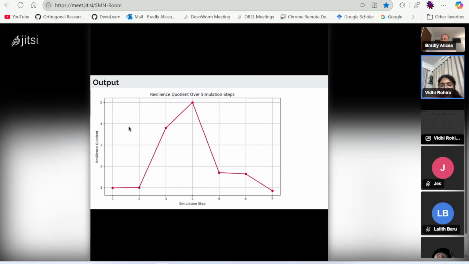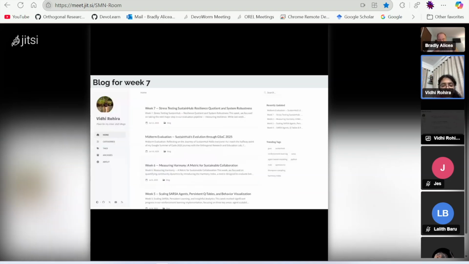But we can't say the same for the resonance quotient, because it keeps on changing. Earlier, in the first 2 steps, it's close to 1, but then it increases because it learns how to reallocate the tasks, and then it reduces a lot. This is a steep drop, and then this is more gradual, but it reduces because the number of agents reduces over time.